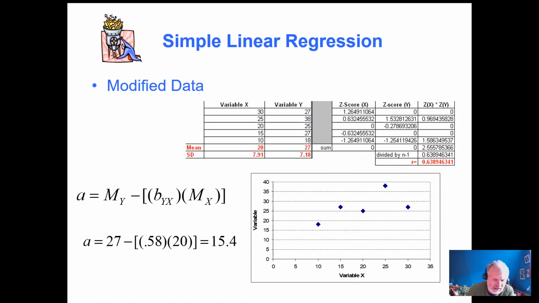So a point on that line is mx, my. So all I have to do is simply solve for a in that equation using as my x value the mean of x, which is 20, and the mean of y, which is 27. And that gives me a y-intercept of 15.4. So the best fitting line crosses the y-axis at 15.4.